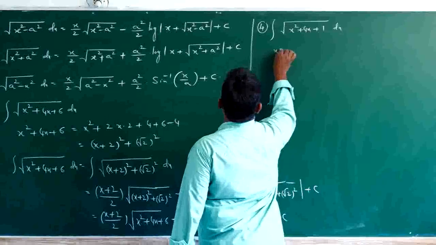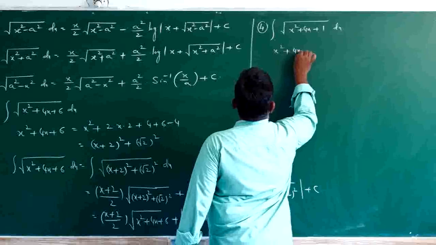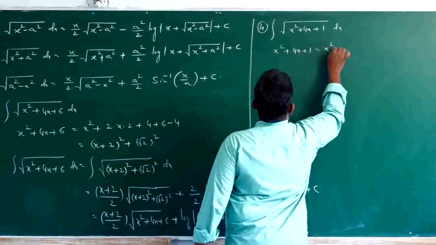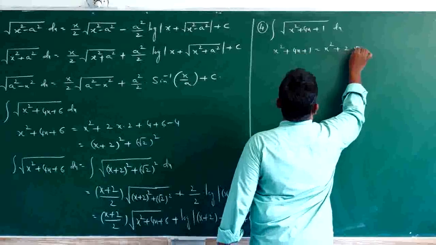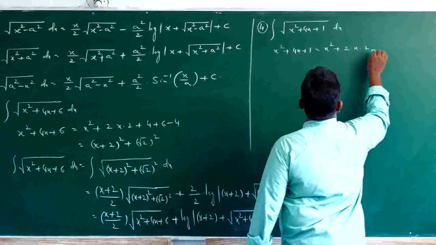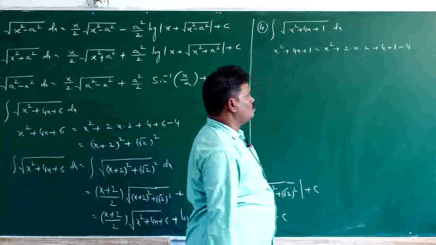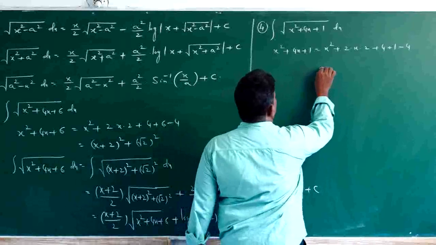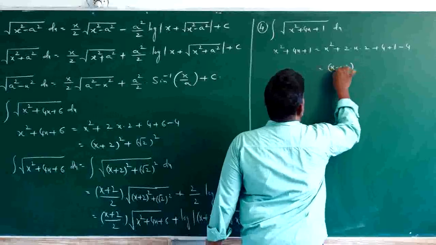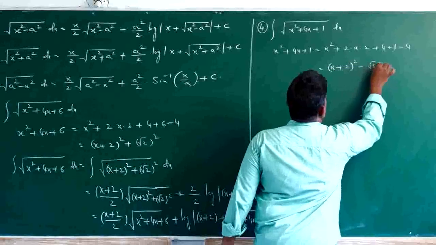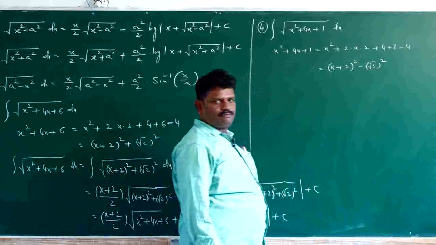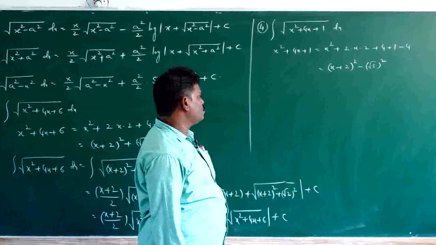First, x square plus 4x plus 1 is x square plus 2 into x into 2 plus 4, then 1 minus 4. Writing this value, it is (x plus 2) whole square minus (root 3) whole square.